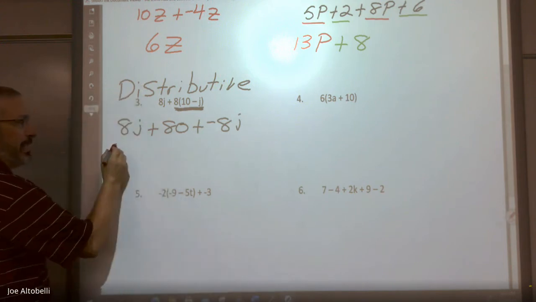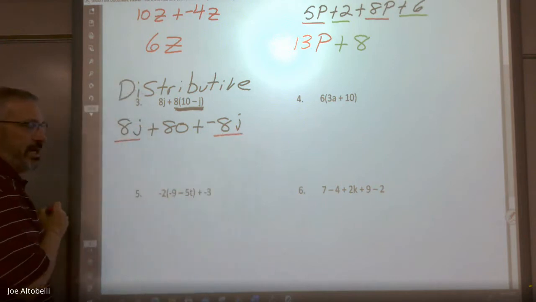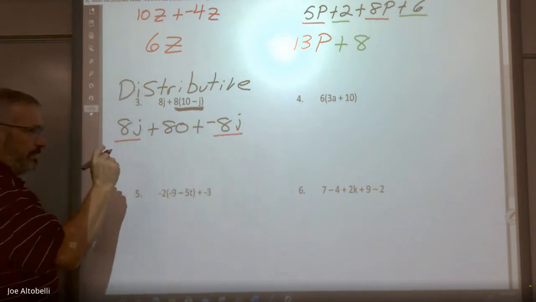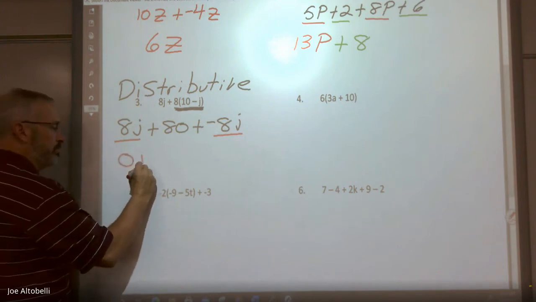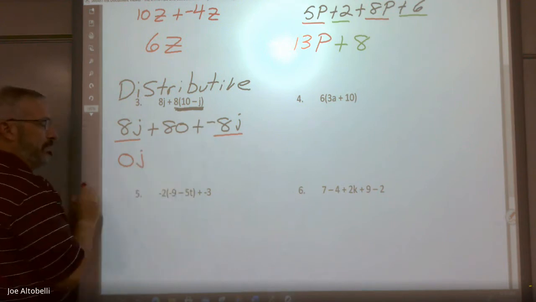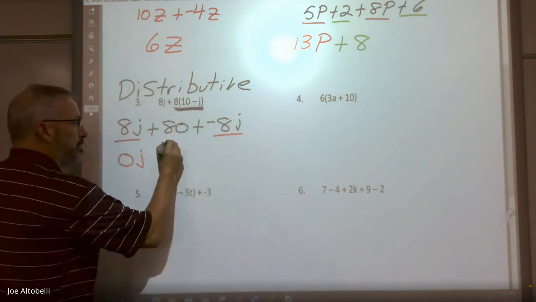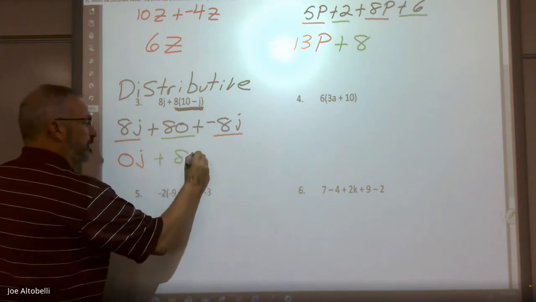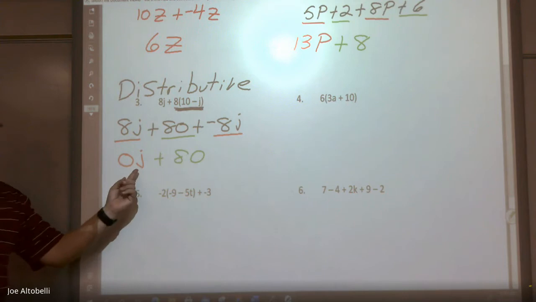Now I can combine like terms, 8j, negative 8j. This isn't my final answer, it is 0j, right? Because 8 plus a negative 8 plus the 80. Well, 0j, it doesn't matter what value the j is.